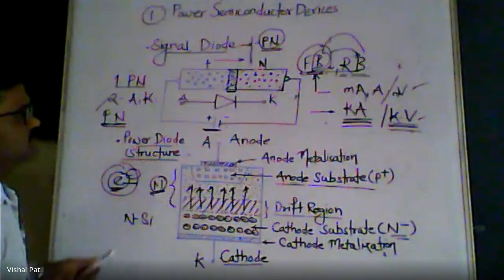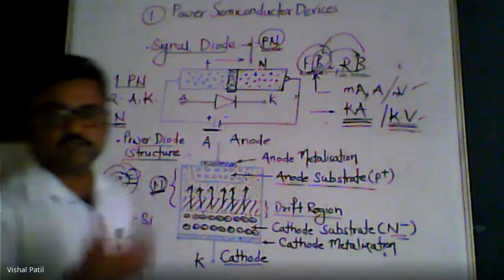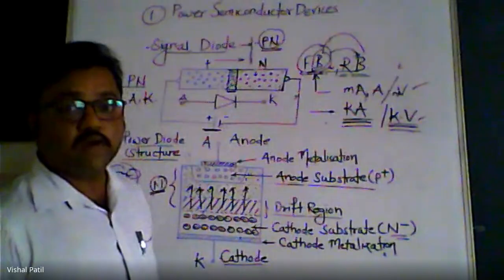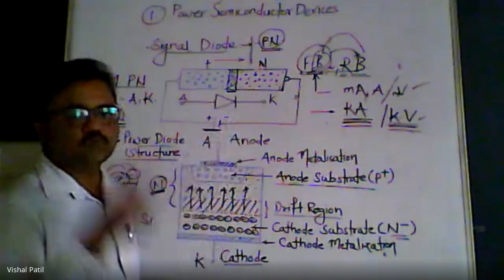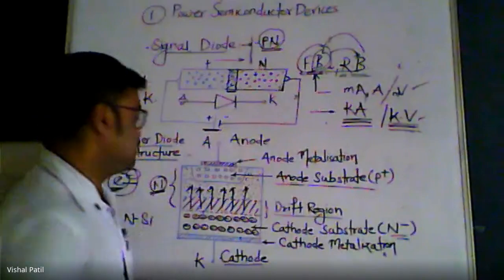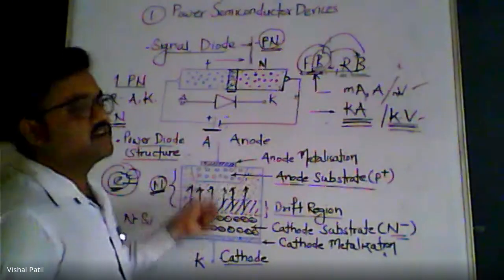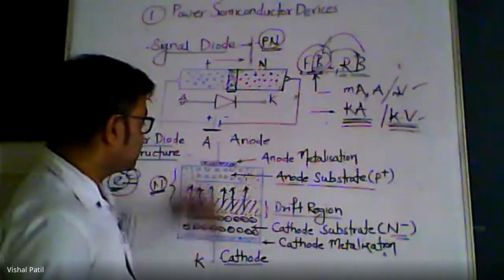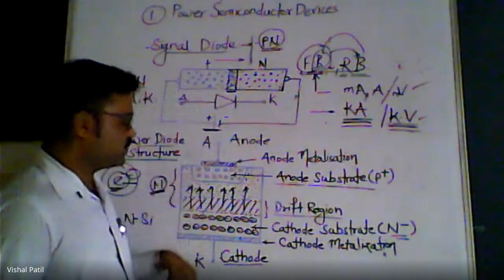When we plot the characteristics in the next part, the power diode has two types of characteristics. One is the VI characteristic: how voltage and current behave with respect to each other during conduction of forward current from anode to cathode.